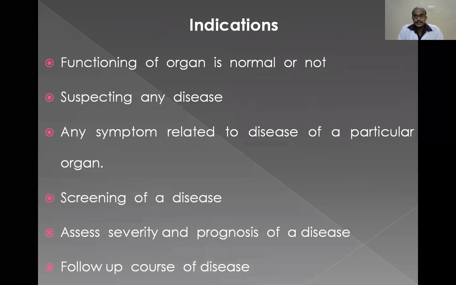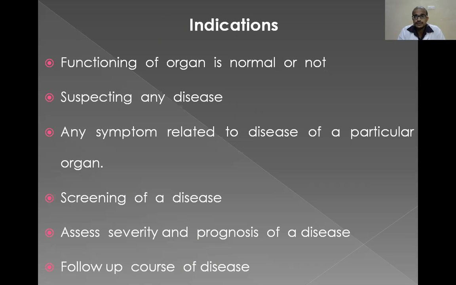So the general indications for different organ tests are: to check whether the functioning of the organ is normal or not, suspecting any disease or any symptom related to a disease of that particular organ, screening of a disease, assessing severity and prognosis of a disease, and follow up of the course of disease.